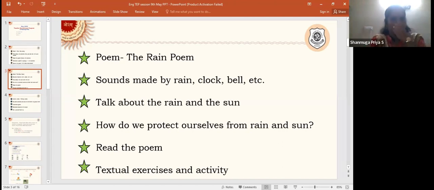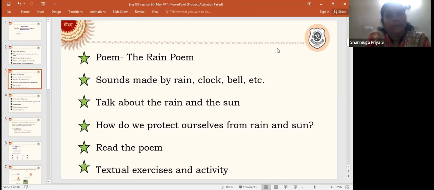Okay, so then we can ask them, how do we protect ourselves from rain and sun? So we have already discussed what are the things that we use during the rainy season and what are the things that we like to eat or drink. So we can ask them during summer season, what would you like to drink, or what would you like to eat?